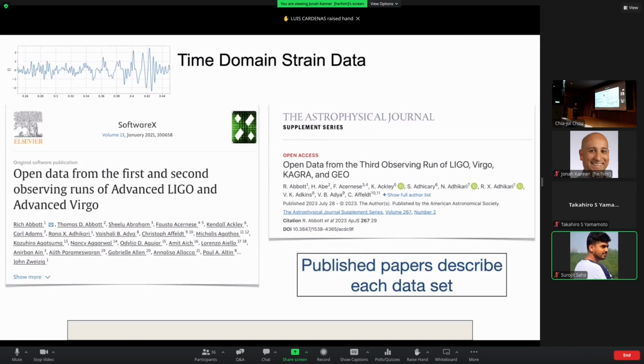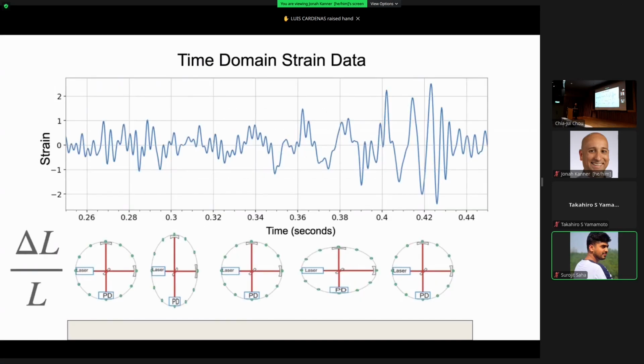In this delta L over L, are we only observing the space distortion or also time distortion here? Good question. Again, most of it's noise, right? So it's mostly, let's say, small motion of the mirrors or laser noise or all kinds of other noise sources.